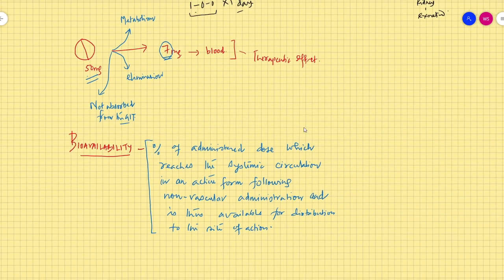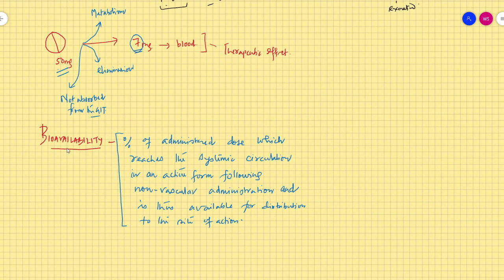So based on the concept, we can now define what is bioavailability. So bioavailability is the percentage of administered dose. So we administered 50 milligram and 14% of that we found in the area under the curve. So remember, under the area of the curve, what we found was it was found to be 14%.